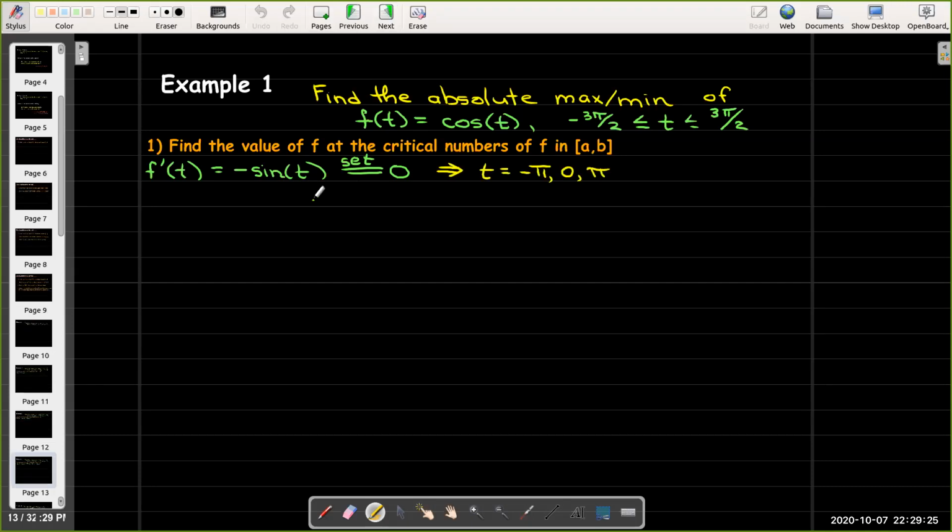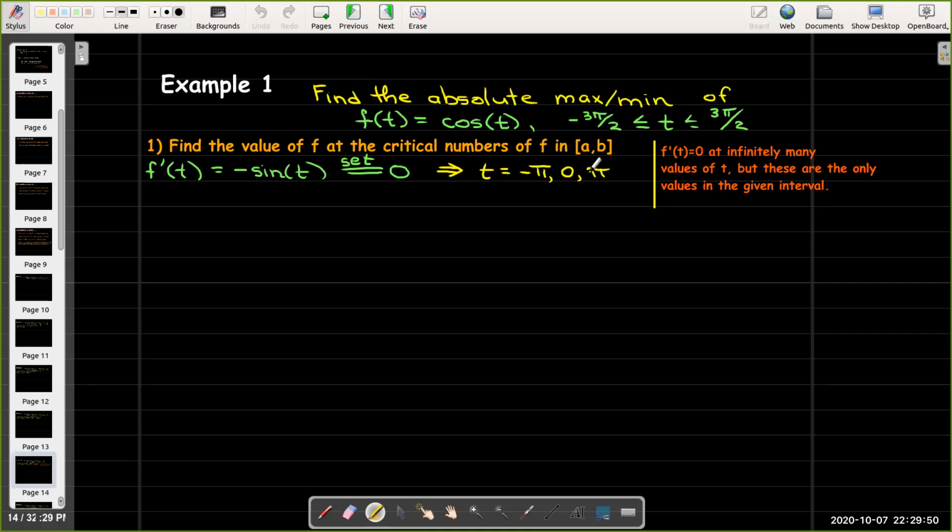So solving that, where is sine of t equal to 0? Well, at negative pi, 0, and pi. Now, of course, there's an infinite number of values of t. Any integer multiple of pi would be a 0 of the function sine of t.